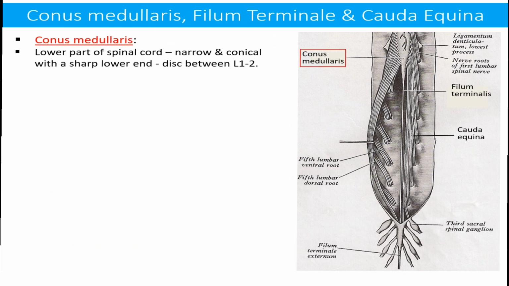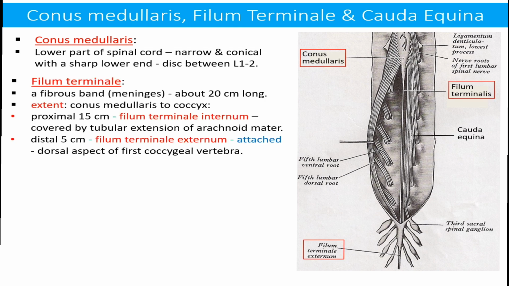Conus medullaris is the lower part of the spinal cord where it narrows and becomes conical with a sharp lower end, which lies at the level of the disc between lumbar first and second vertebrae. Filum terminale is a fibrous band made up of meninges. It is about 20 centimeters long and extends from conus medullaris to the coccyx.